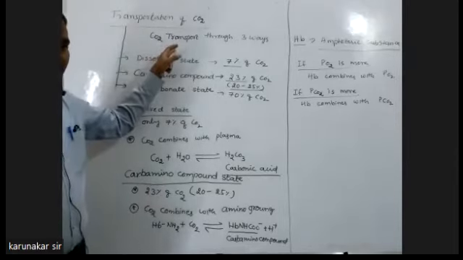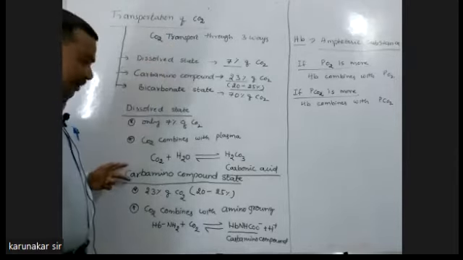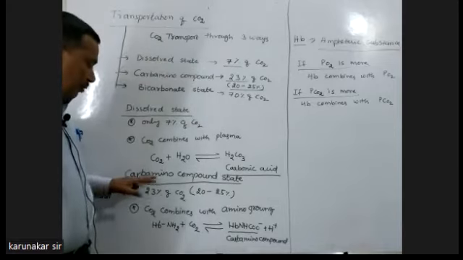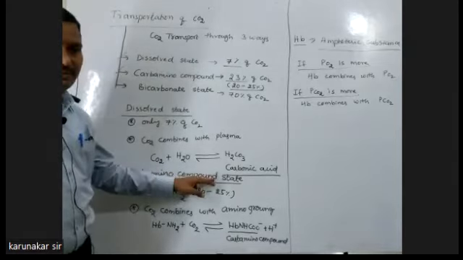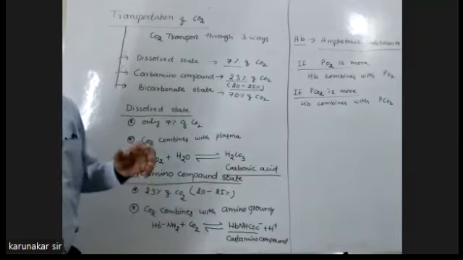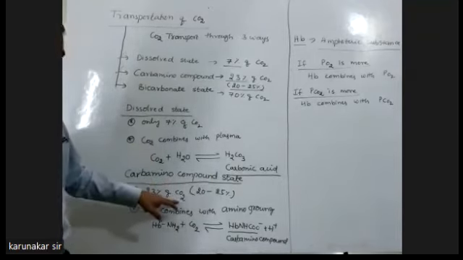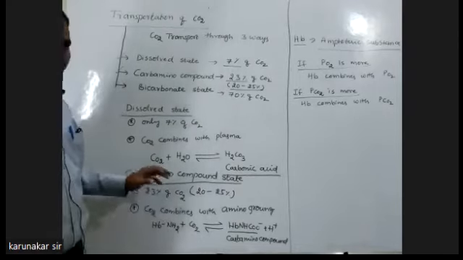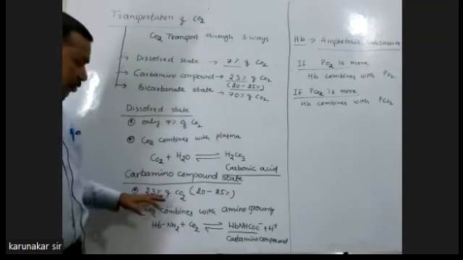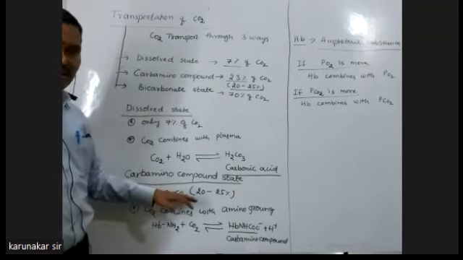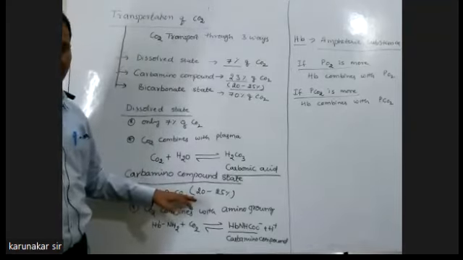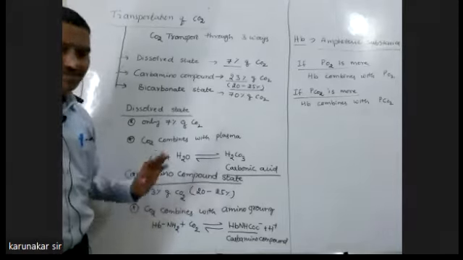Transportation of carbon dioxide. Carbon dioxide is transported through the carbamino compound state. Only about 23% of carbon dioxide is transported through this method, on average 20 to 25%.